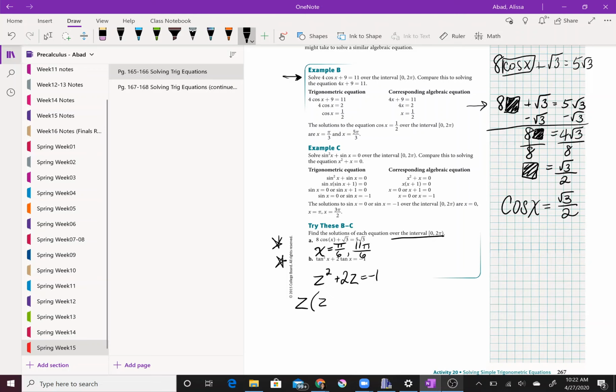But what you will get in the very end for this one would be z equals, we'll have to look back there. So this one ends up being just with 1 apparently, or -1.